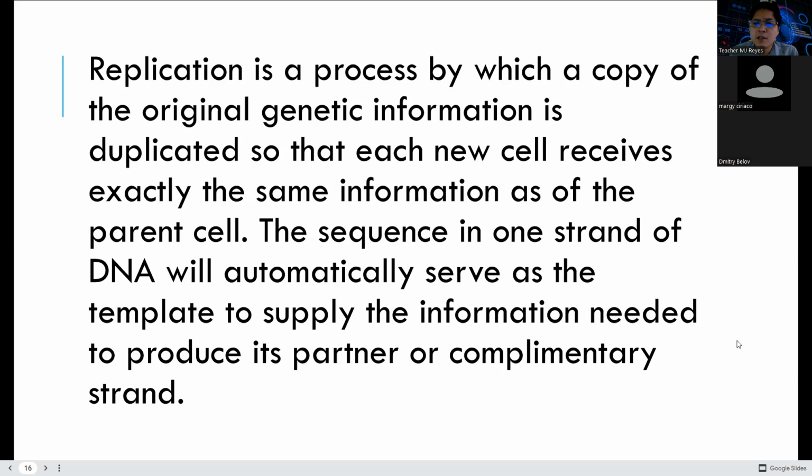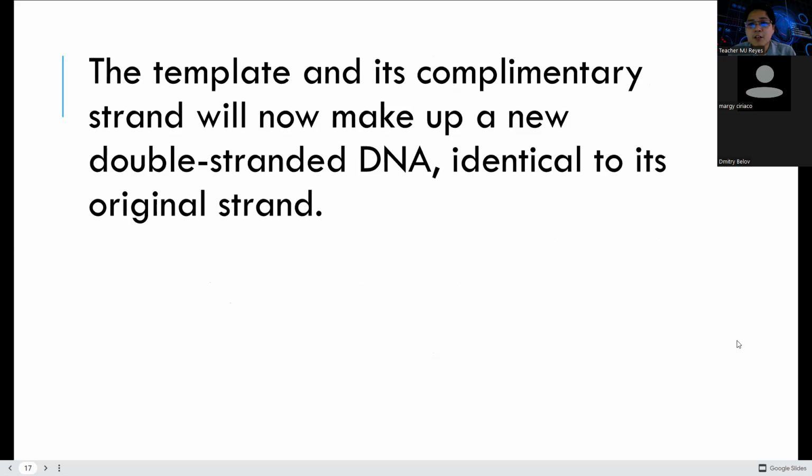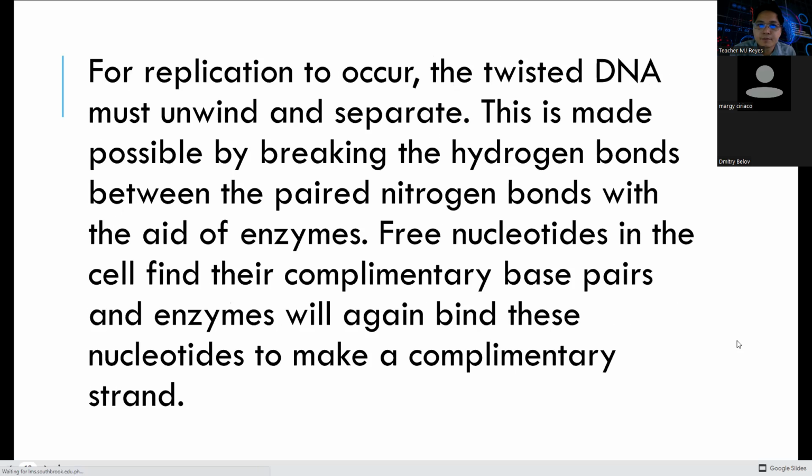The sequence in one strand of DNA will automatically serve as the template to supply the information needed to produce its partner or complementary strand, with complementary base pairs. The template and its complementary strand will now make up a new double-stranded DNA identical to the original.